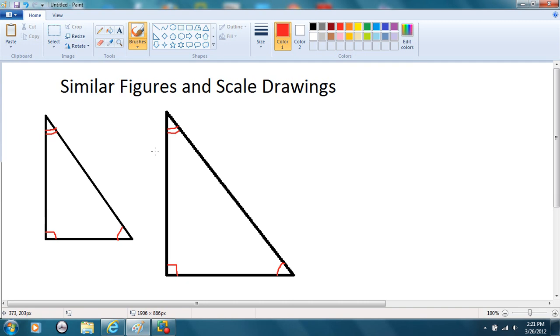Now, the neat thing about similar triangles is that their corresponding sides are proportional. So, for example, we can actually use this to find unknowns, and that's what I'm going to do in this one. Let's say this distance here is 10 centimeters.